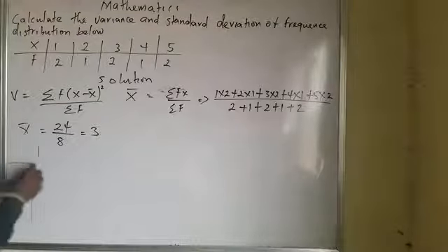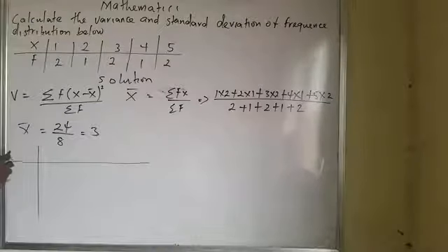Now let me go to my table. I have my x as 1, 2, 3, 4, 5.